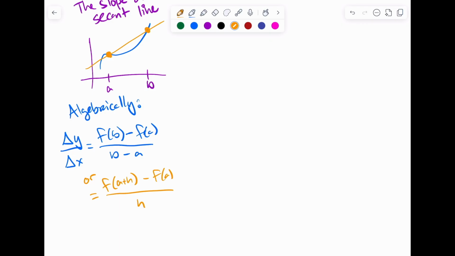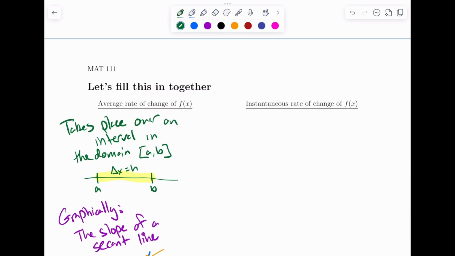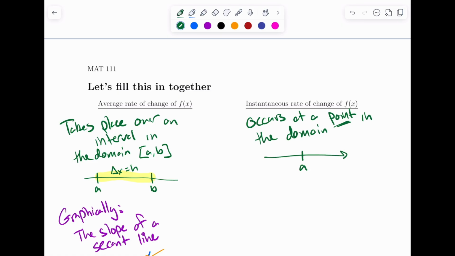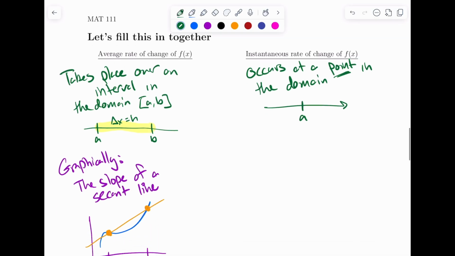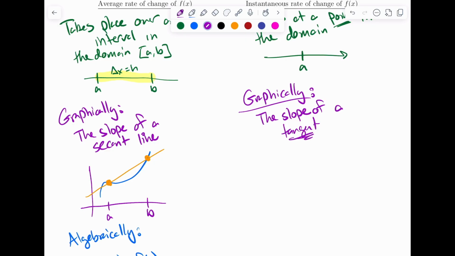So then what's the business about an instantaneous rate of change? Well, the big difference is instantaneous rate of change occurs at a point in the domain. Maybe the point is just a. Graphically, we can think of this as a slope of a line, but it's a slope of a tangent line. What's a tangent line?